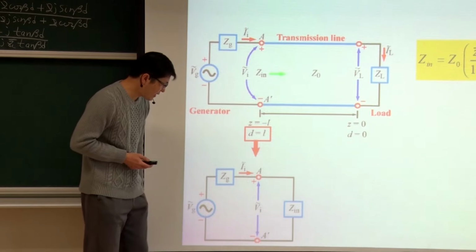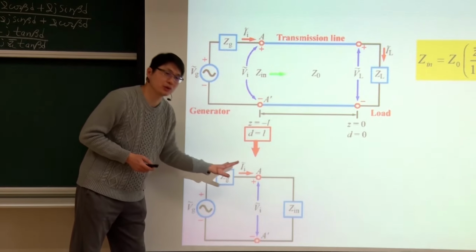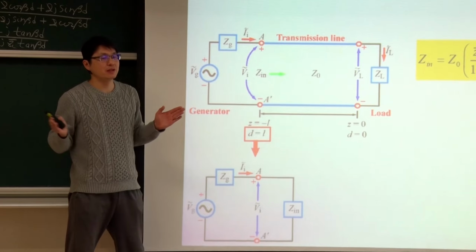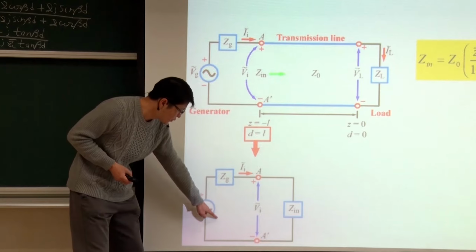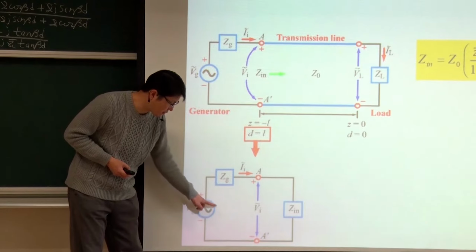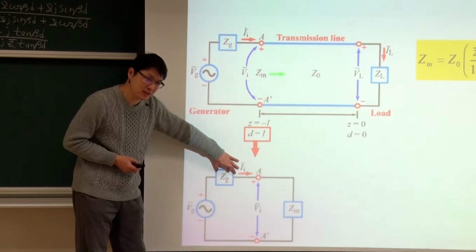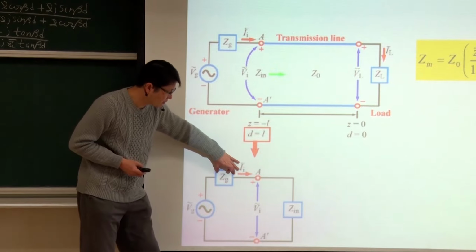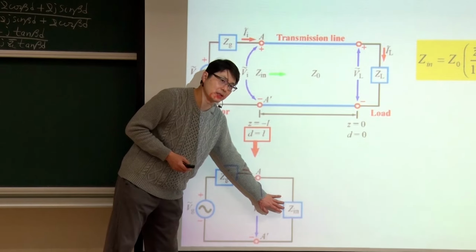Once I can do that, I can write down my input voltage. That's something we learned from the voltage division rule, right? So we know our input source voltage is Vg, and I have my intrinsic generator impedance, and now I have my entire effective input impedance.